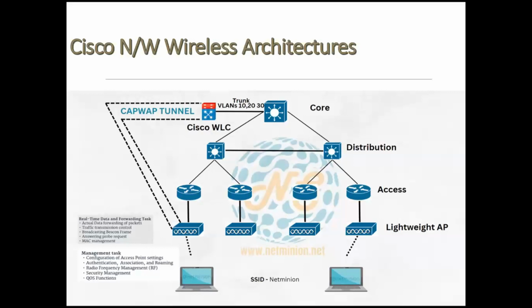Remember, yesterday we talked about 2.4 gigahertz having only three non-overlapping channels. So the autonomous AP architecture is the biggest concern when it comes to network scalability. If your company is growing, the autonomous AP architecture becomes really very complicated.